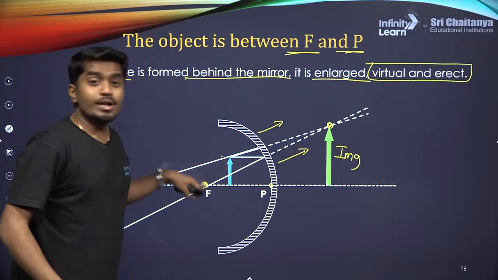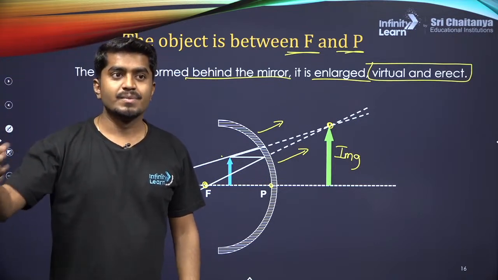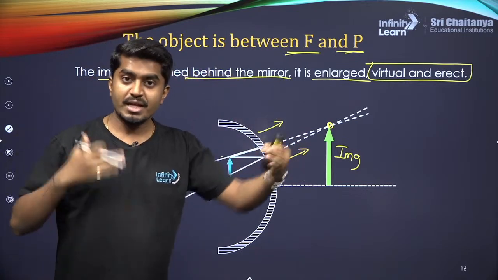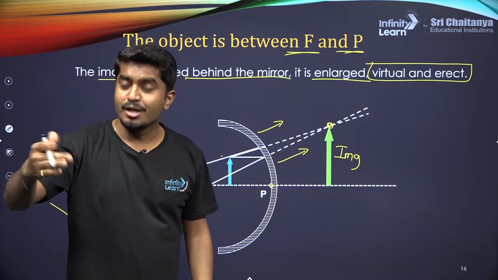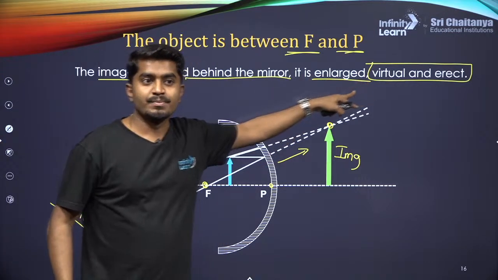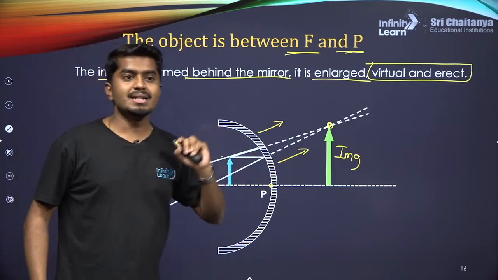So this is the only position where you should keep the object to see the image in the mirror. Somebody was asking, how can you see the image in the mirror? If you want to see the image inside the mirror, or behind the mirror, that is going to be the virtual image. It will form only when the object is between the focus and the pole.